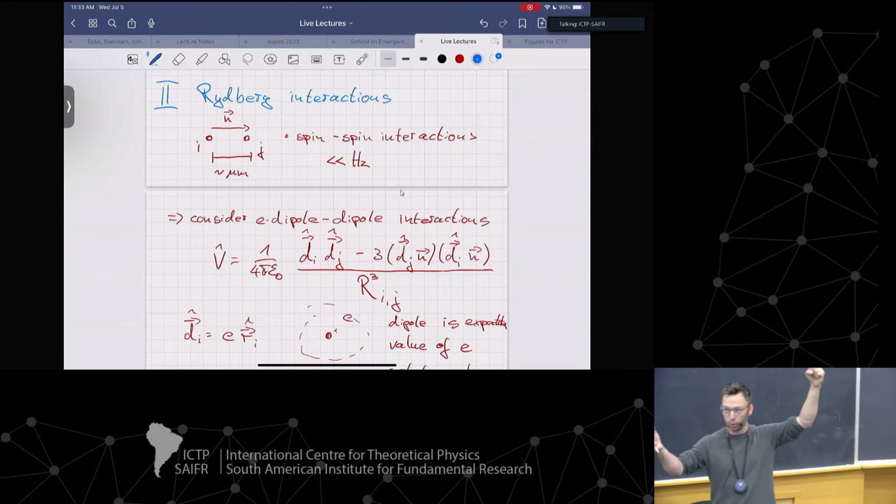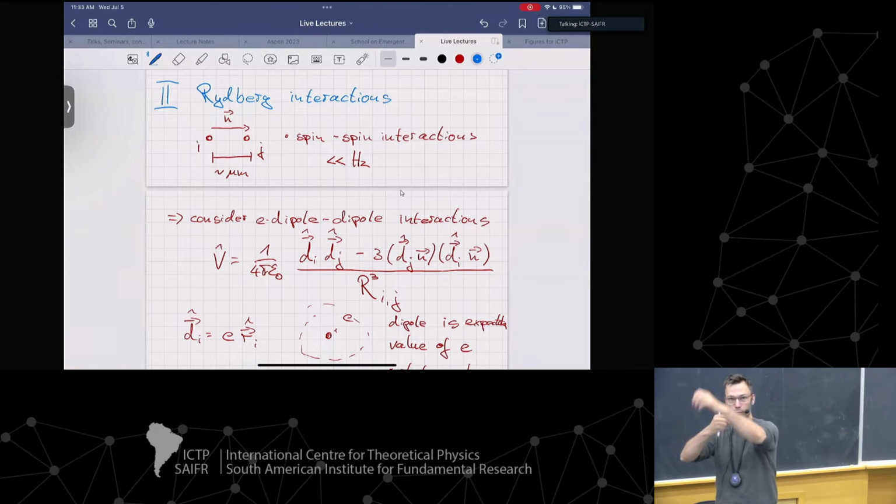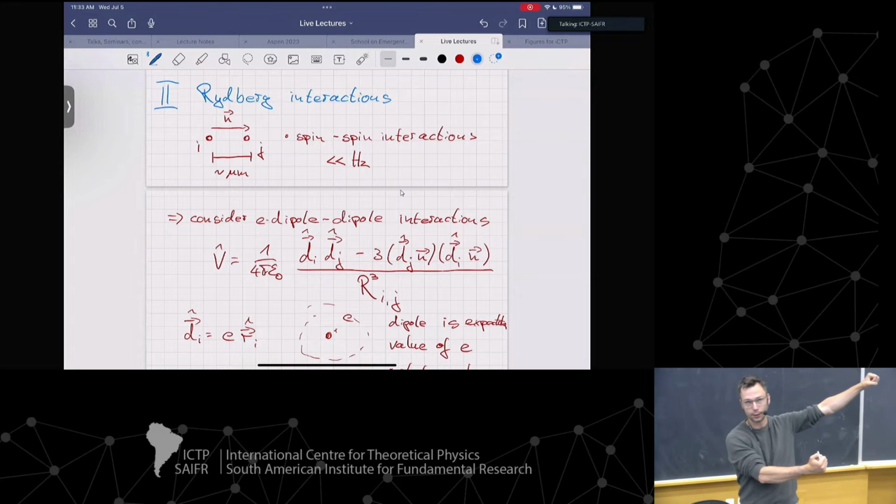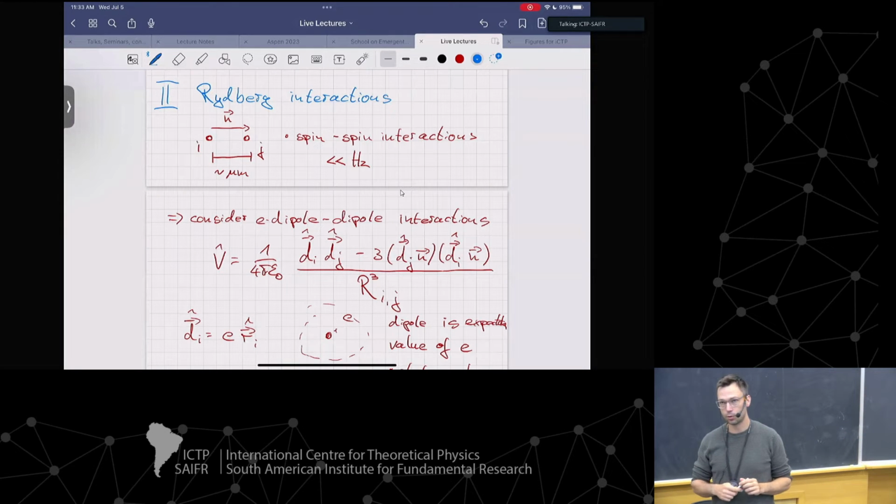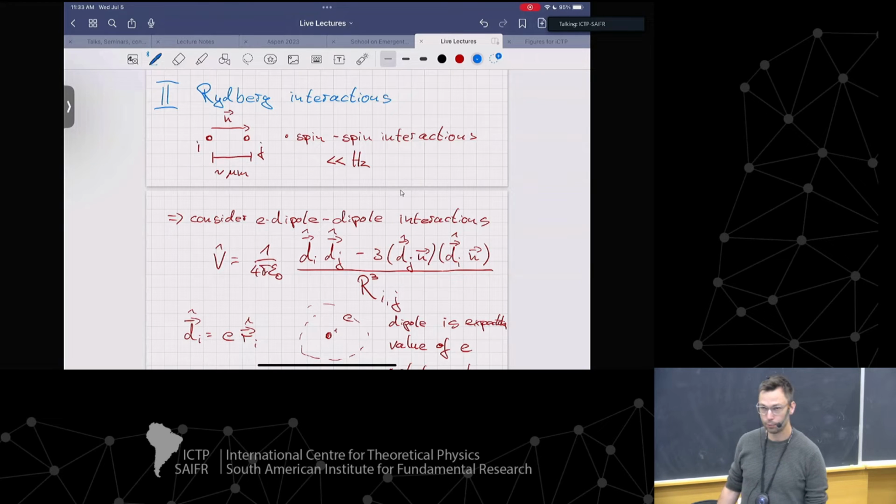There are a little more subtleties because the electron is spherically symmetric around the nucleus, so there's no permanent electric dipole moment, but having such a separation means that I have a lot of polarizability, so I can induce an electrical dipole if I have another one sitting there, and then I get really strong interactions, basically second-order dipole-dipole interactions, so-called van der Waals interactions.